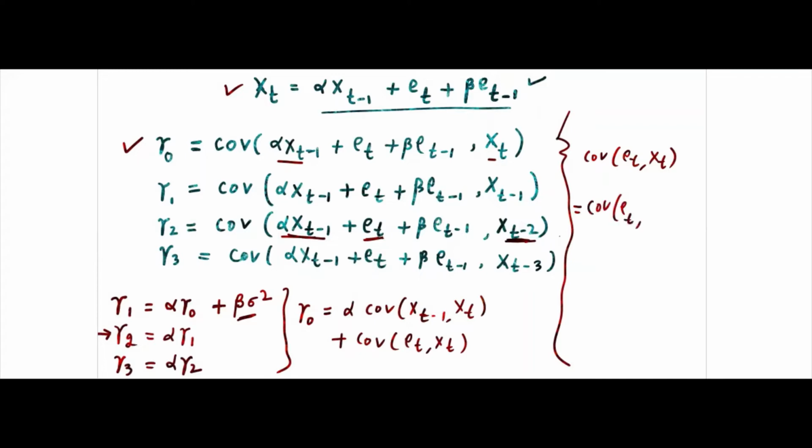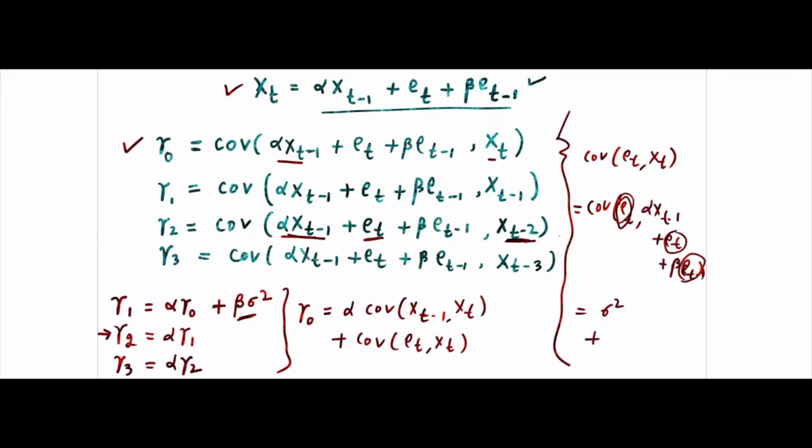If I write et here, and let me write the xt value here, alpha xt minus 1 plus et plus beta et minus 1. See, in this case, this and this are 0, safely you can say. This and this give sigma square, that's fine. Sigma square we have.